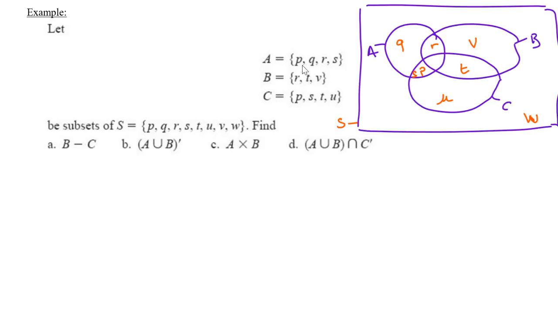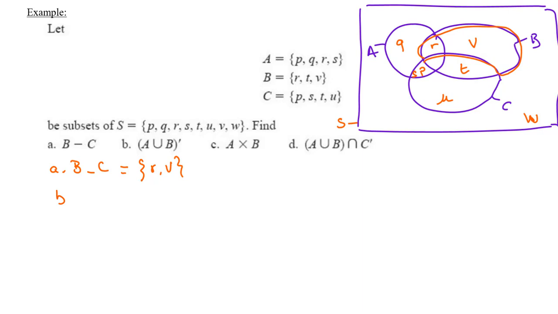As you see, A has P, Q, R, S, B has R, T, V, and C has P, S, T, U, and S is P, Q, R, S, T, U, V, and W. So now we could answer the questions. What would be B, but nothing from C, which is just R and V.